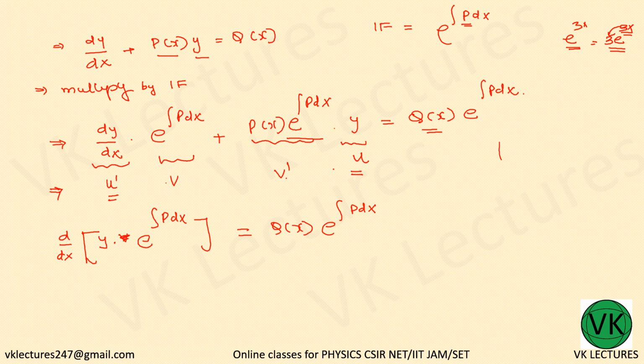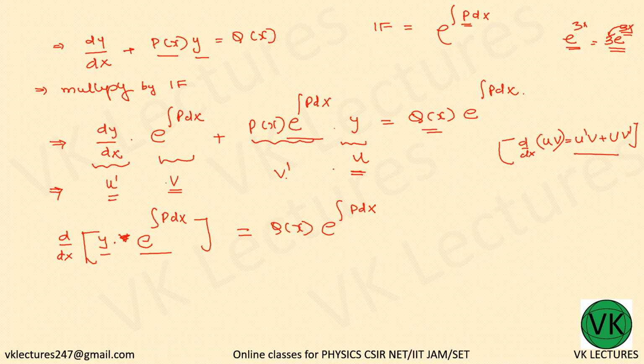This is nothing but d by dx of uv, that is u dash v plus u v dash. Okay, that's what we have written in the form of u and v. This is v, this is u. Fine.